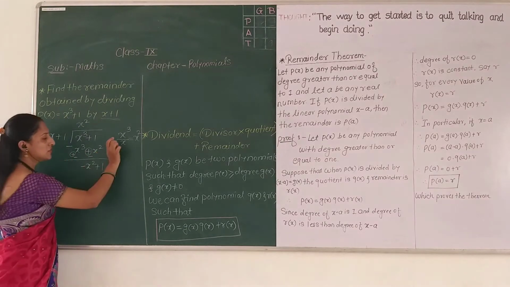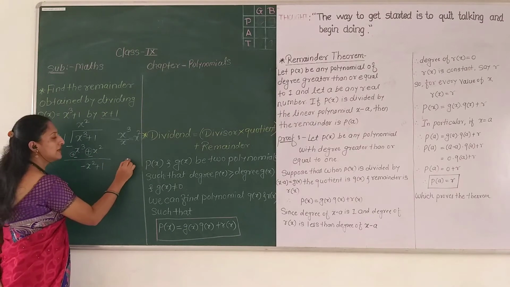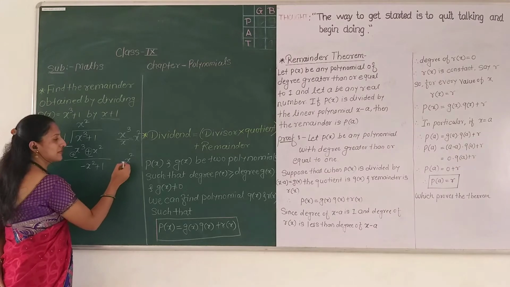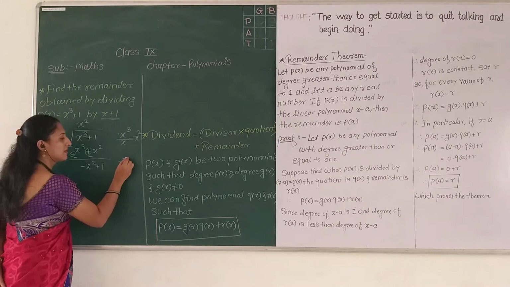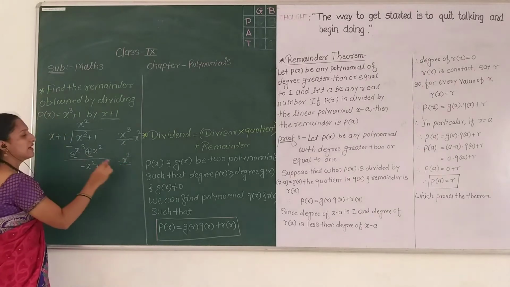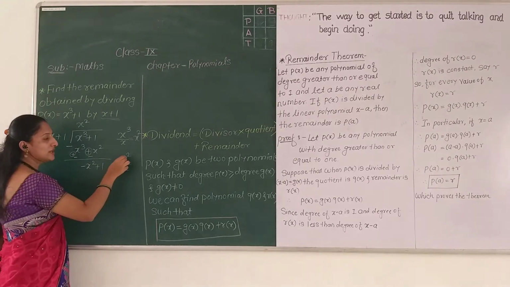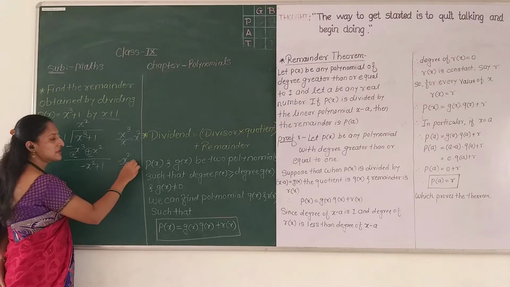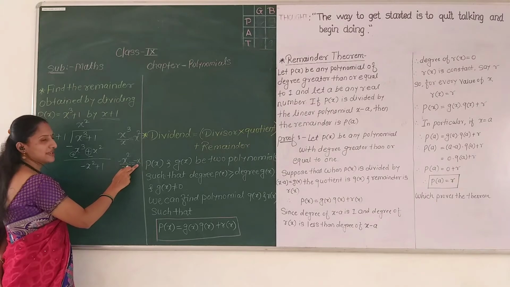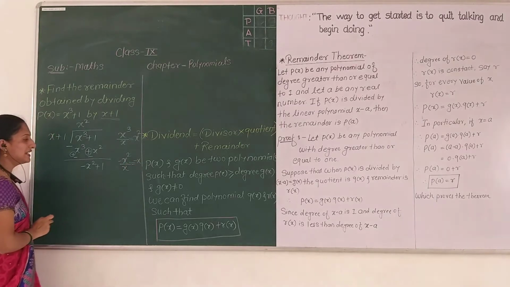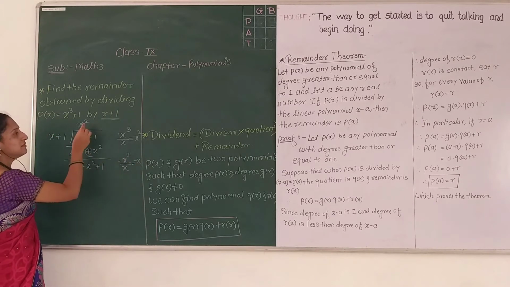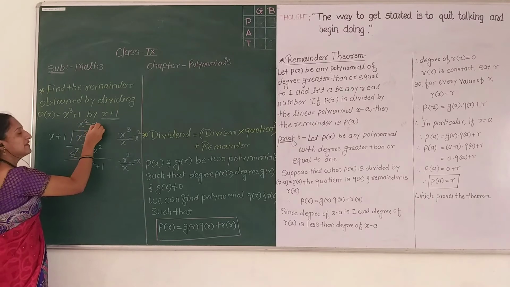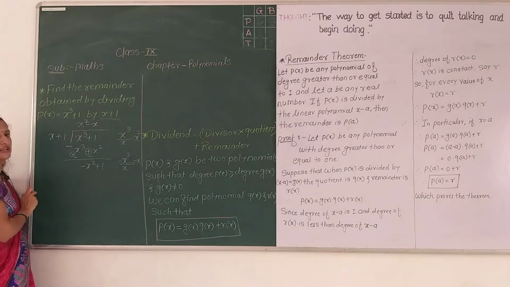The first term of the dividend is negative x square and the first term of the divisor is x. Negative x square divided by x gives negative x. So our second term in the quotient will be negative x. So I write here negative x.